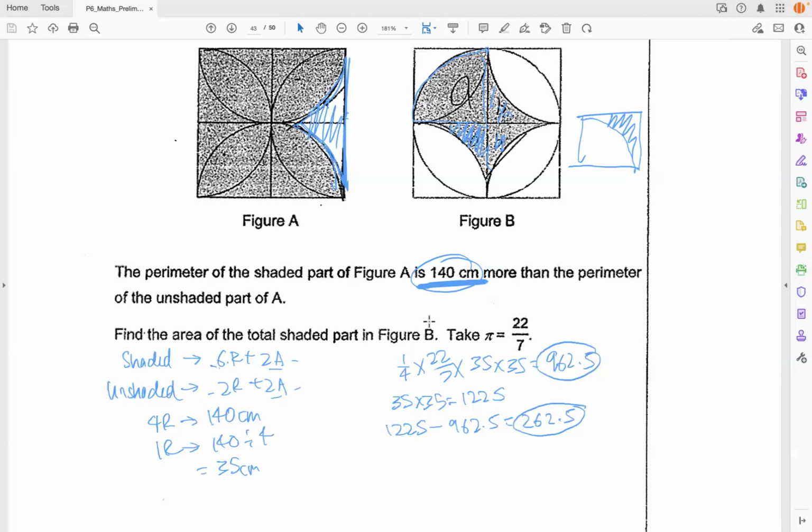So answer is 962.5, which is a quadrant, plus 1, 2, 3 boomerang, plus 262.5 plus 262.5 plus the third boomerang, 262.5, and your answer is 1750. So this is the answer. 1750 square centimeter. Okay. Make sure you get it right. All right, that's all for today. I will see you next week.